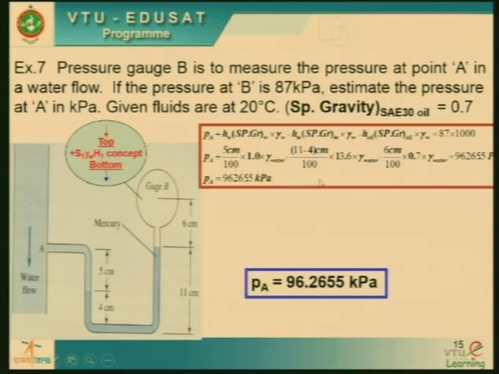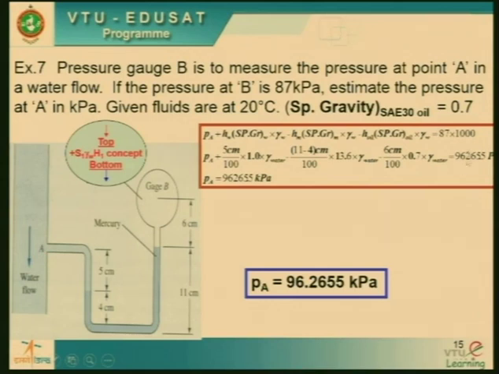This is actually remaining 11 minus 4, 7 divided by 100, and here 6 centimeter of the oil divided by 100 into 0.7, which is the specific gravity of the oil. So definitely this question also gives an idea how to calculate the pressure at A based on the value which is given at pressure at B.